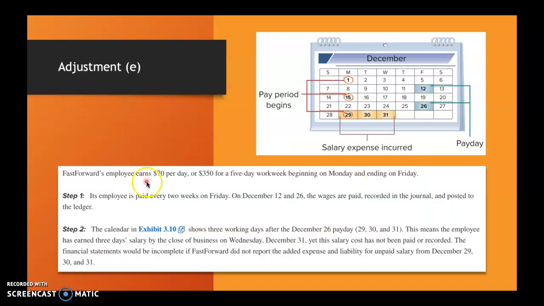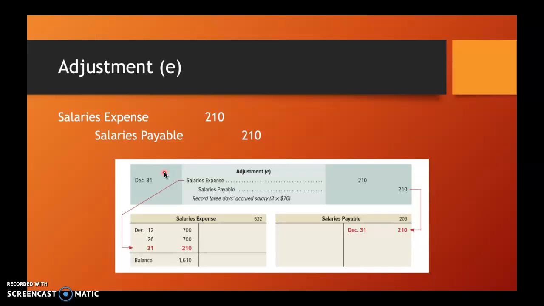They make $70 a day, and there are 1, 2, 3 days. So we take 70 times 3, which is $210. We expense that $210 because expenses have a debit normal balance. And then we credit salaries payable because they've earned that salary, but we haven't yet paid it because it's going to be paid out in January after the fiscal year is up.